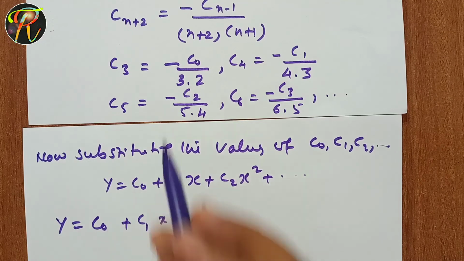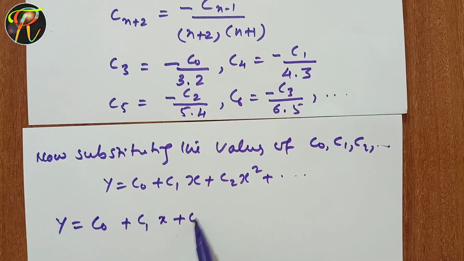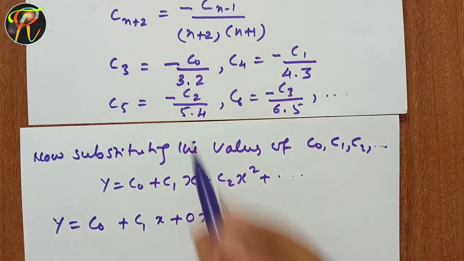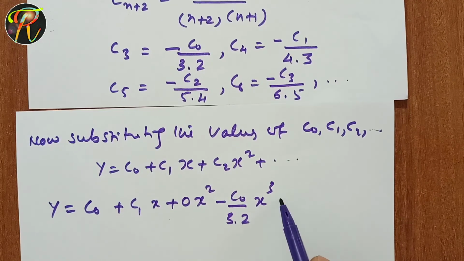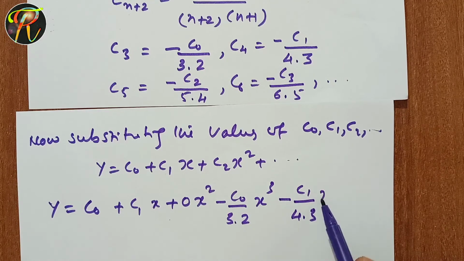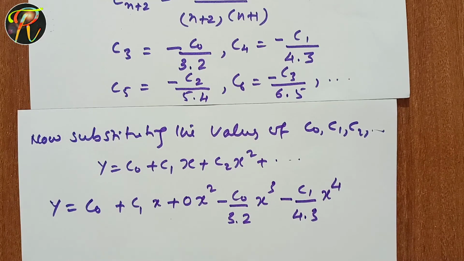Now C2 is 0, so plus 0 x square. What is C3? Minus C0 upon 3 into 2 x cube. C4 is minus C1 upon 4 into 3 x4. Then C5 again contains C2, so 0 x5. C6 is minus C3 upon 6 into 5 x6, plus and so on.